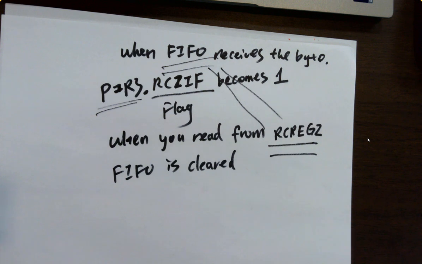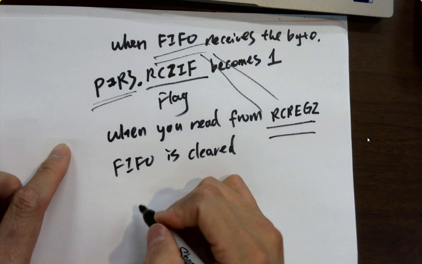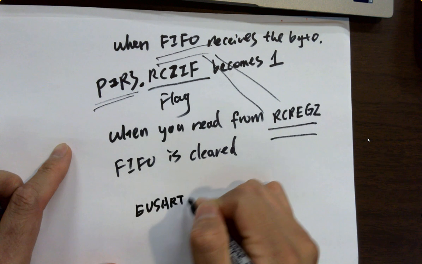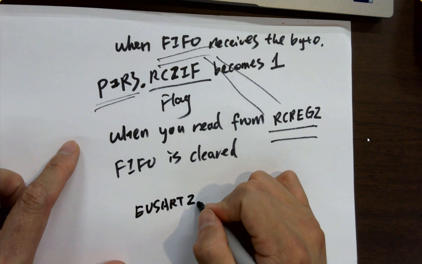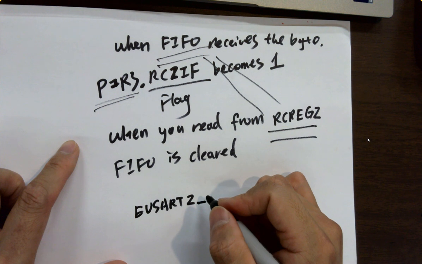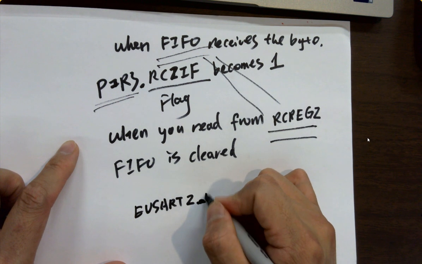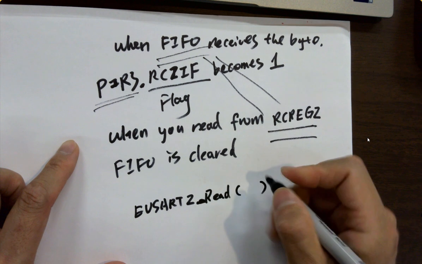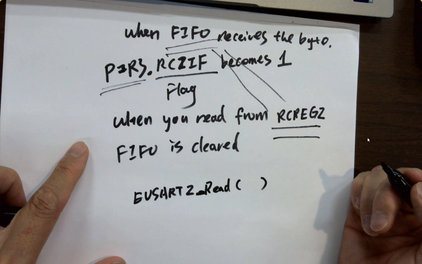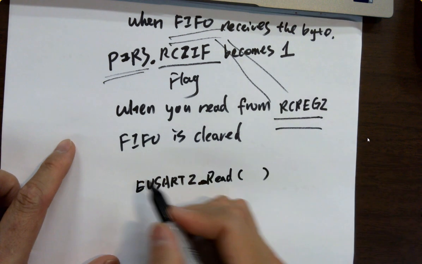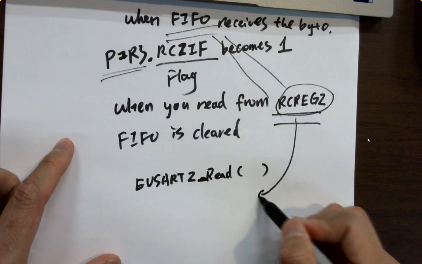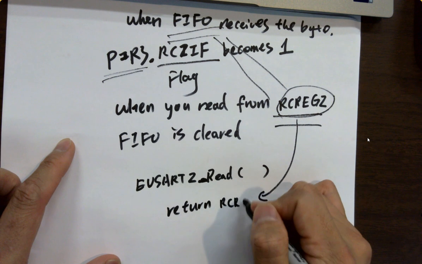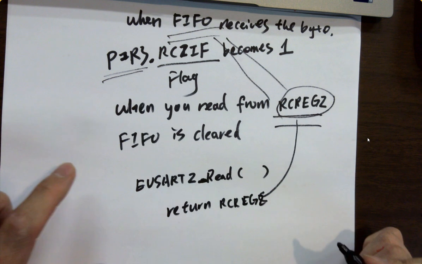We just need to know that whenever EUSART2 dot read, underscore read, this function is being called, it's going to return whatever is in here, the received data.